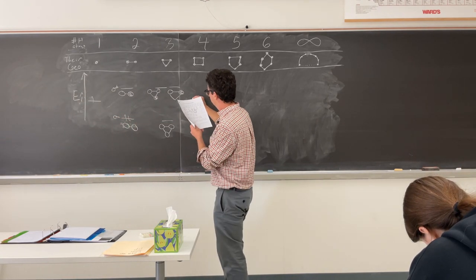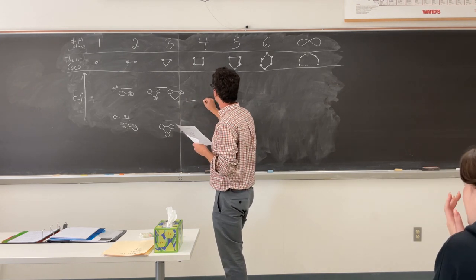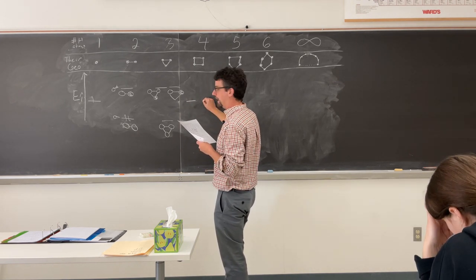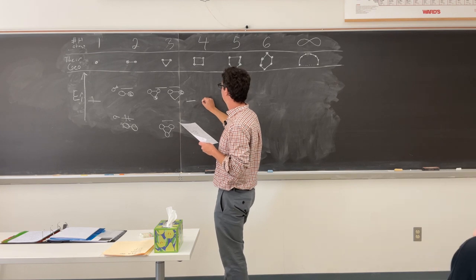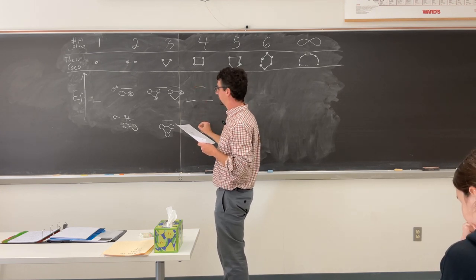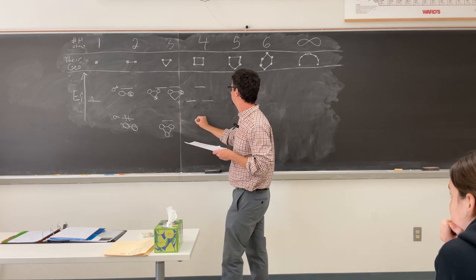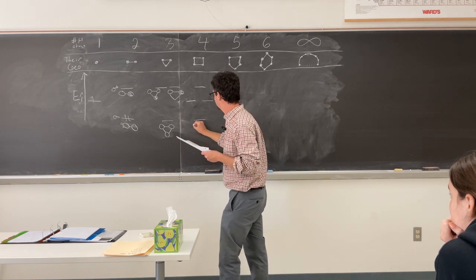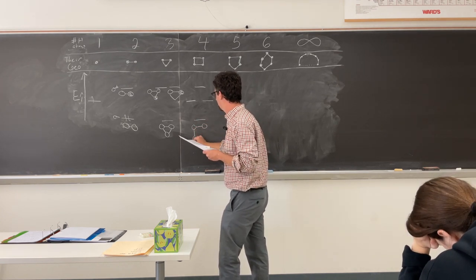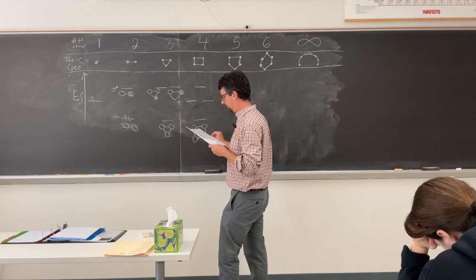Four. I don't want to fill the electrons right now, because we're going to get to a point where I'm going to have to draw a lot of them. All in phase.